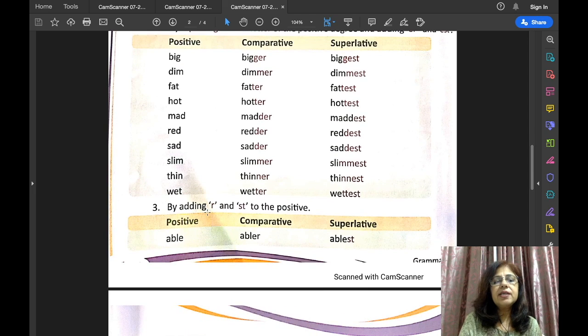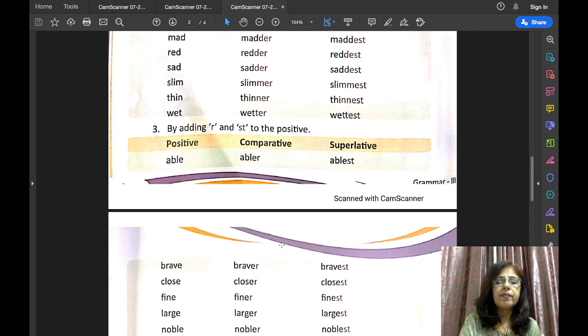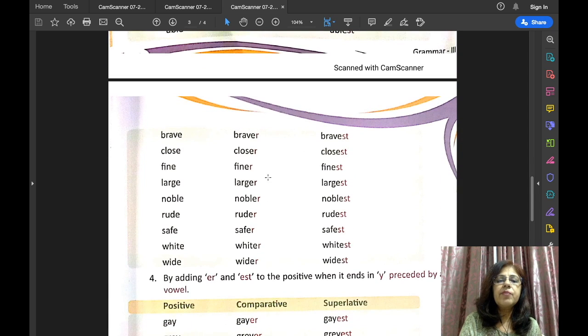So, the next is by adding R and ST to the positive. So, this is the positive degree. In some comparative degrees we will just add R, and in the superlative degree we will add ST, like able, abler, ablest. Brave, braver, bravest. Close, closer, closest. Fine, finer, finest.